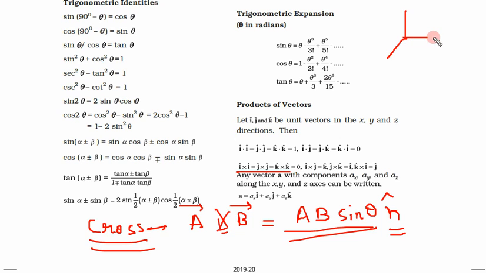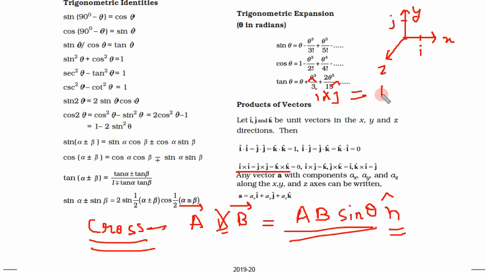Okay. So again, this is x, this is y, this is z. Now let us see what is i cross j. So this is i, this is j. What is the magnitude?